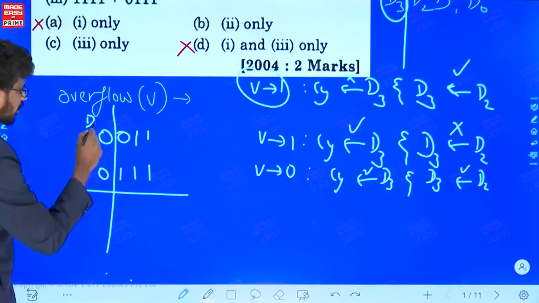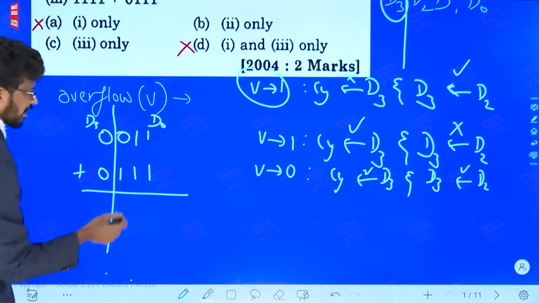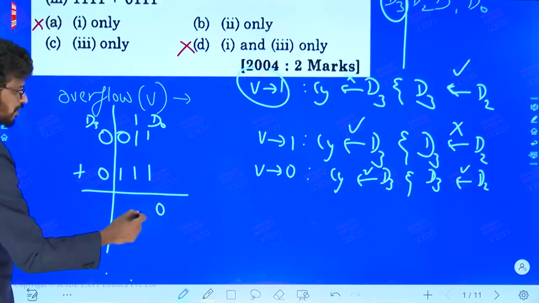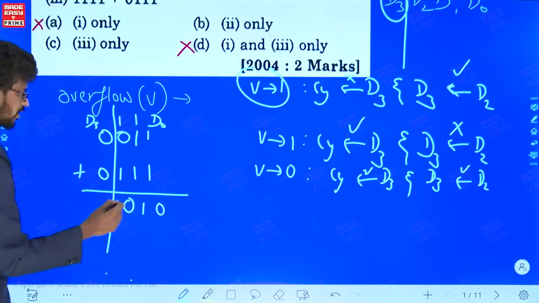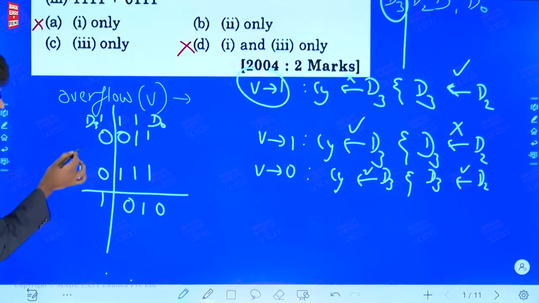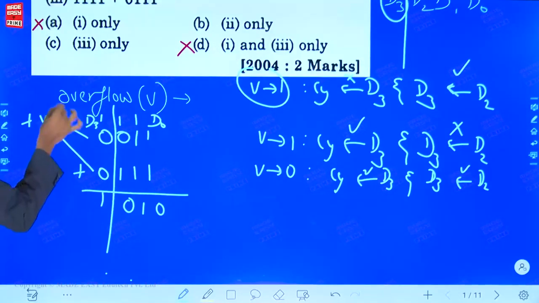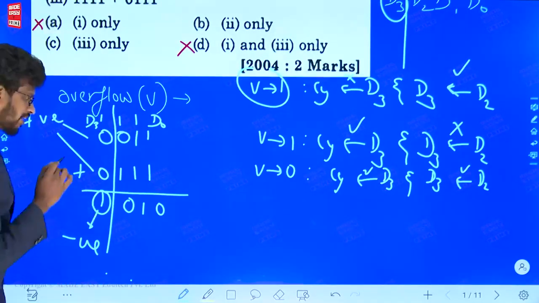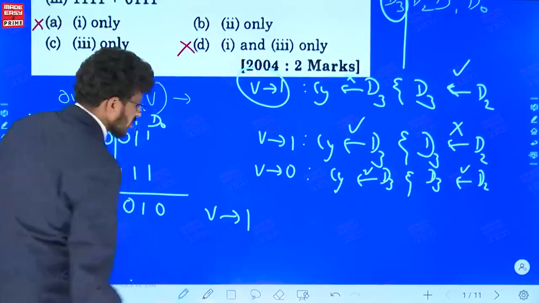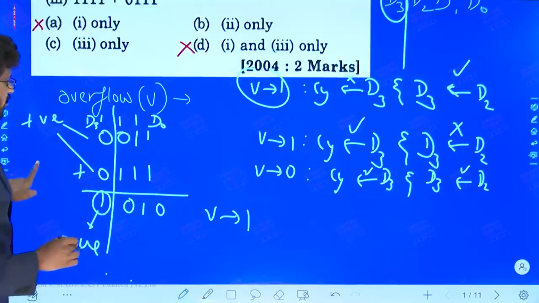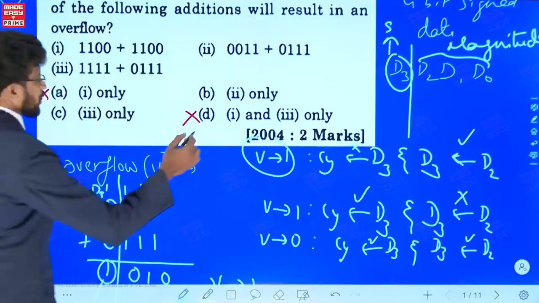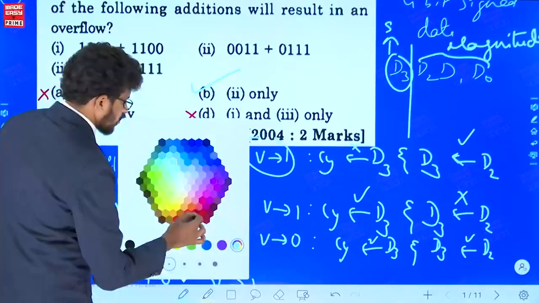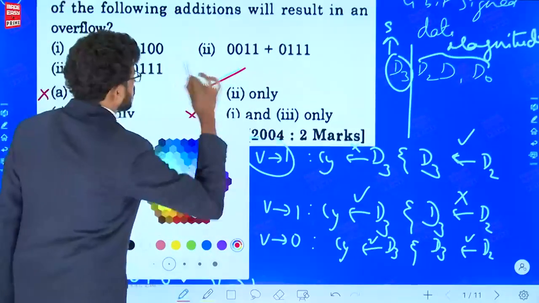Now add the result: 1 plus 1, 0, 1. Then 1 plus 1 plus 1, 3, 1, 1, 0, 1. While adding two positive values, can you get a negative result? No. That is why we say that overflow has occurred. It means in these options, what is the correct one? B will be the correct option. Is it clear? So B option will be the correct option.